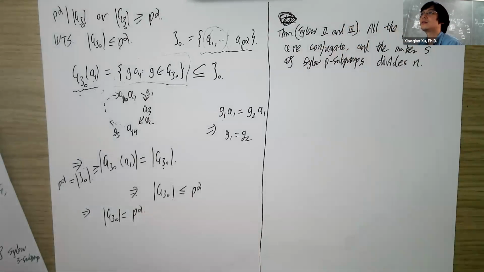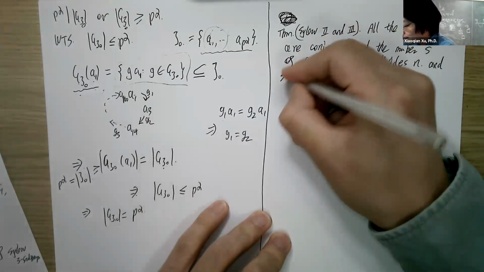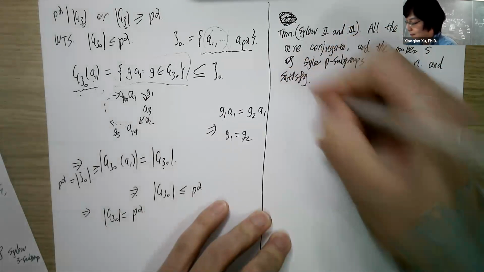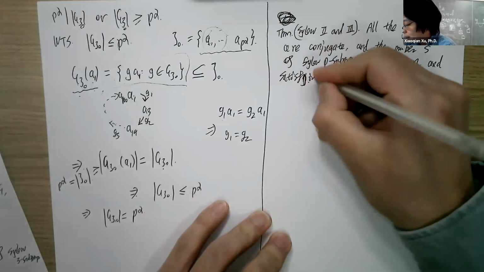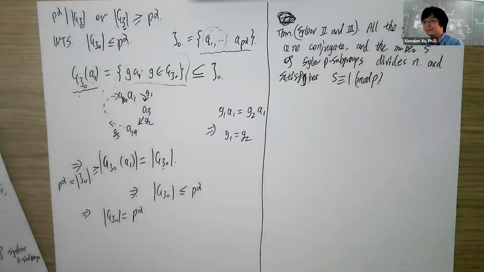Well, we don't know, but we know that it's a factor of n and satisfies S mod p equals 1. It must be able to be written as kp plus 1 for some k. So we have a very good description of how many subgroups of this kind you could have.